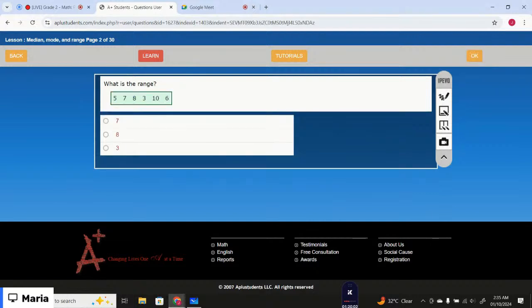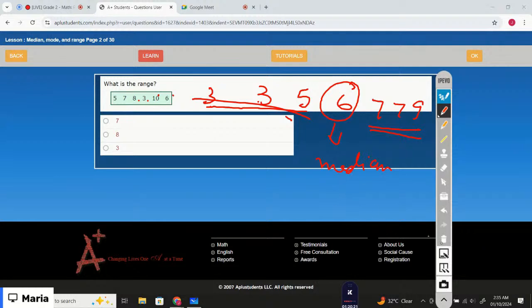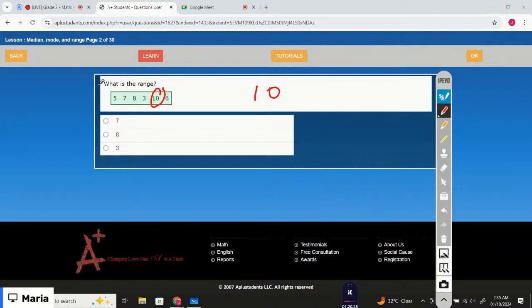What is the range? So now you have to calculate the range. Range is the difference between the greatest and the smallest number in the given data. So the greatest number in the data is 10 and the smallest number in the data is 3. Just subtract them. 10 take away 3 is 7.